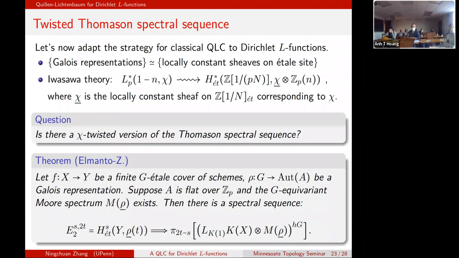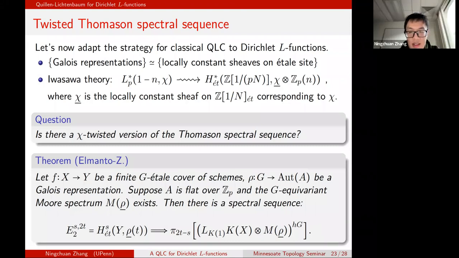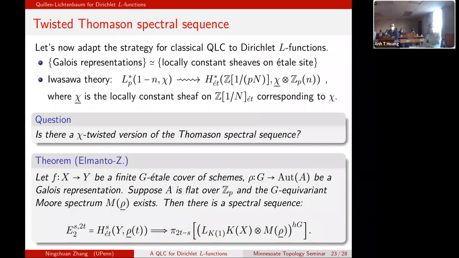Is that close to what you might expect to need in order to get the spectral sequence, or is that really far away from what you want? Because at least the spectral sequence from motivic cohomology to algebraic K-theory, if I remember correctly, is some kind of slice spectral sequence in the motivic homotopy category. So I'm curious if there's some existing technique which could get you close to that, but I don't know if that's the right thing.